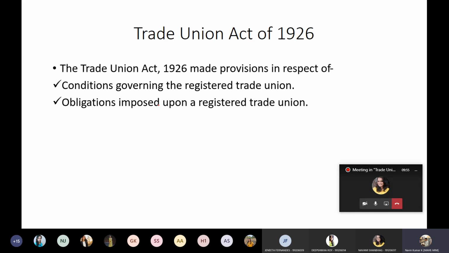And what exactly are the obligations imposed upon a registered trade union. Once after getting the certificate of registration, what is the obligation on the registered trade union? So that we're going to discuss under this. And what exactly are the rights and privileges of the registered trade union. So that also we're going to discuss under the Act. So, very simple legislation.